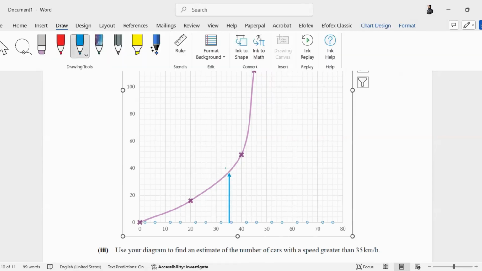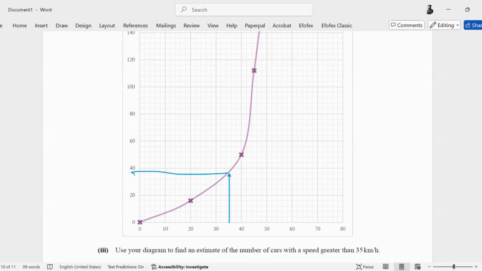How many cars have a speed of 35? If I read it, it is 36. 36 have a speed less than 35. So how many have a speed greater than 35?